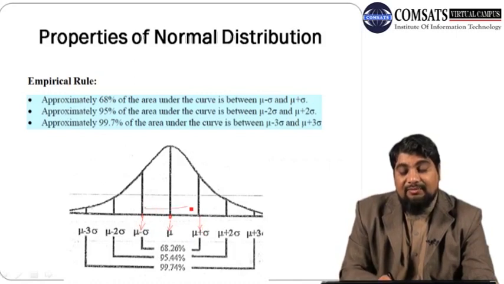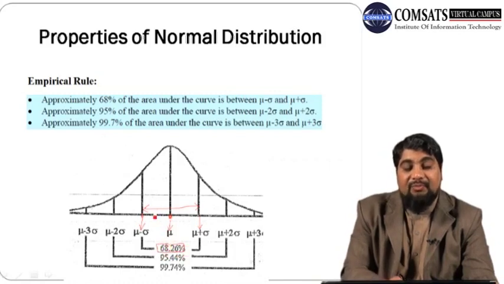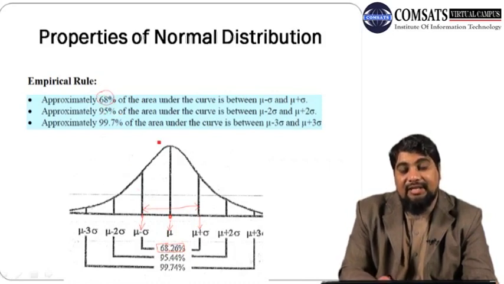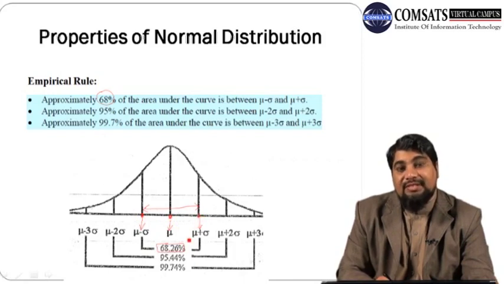So the area that lies between mu minus sigma and mu plus sigma is 68.26%, or approximately we can say that 68% of the area under the normal curve is between these two limits, which are mu minus sigma and mu plus sigma.